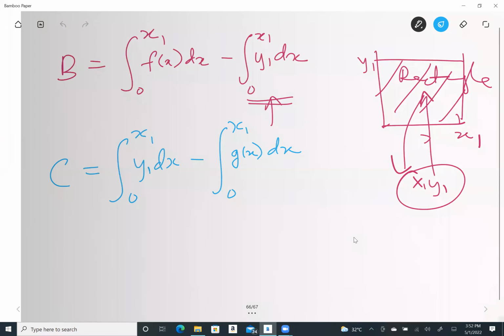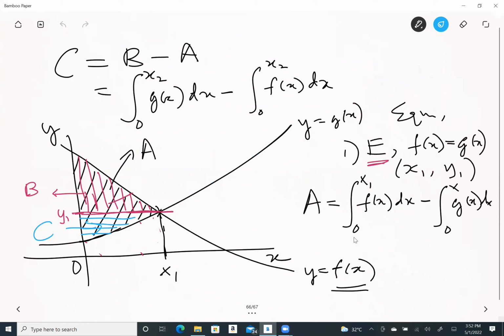Okay, let's do one more. Now suppose I want to find this area.